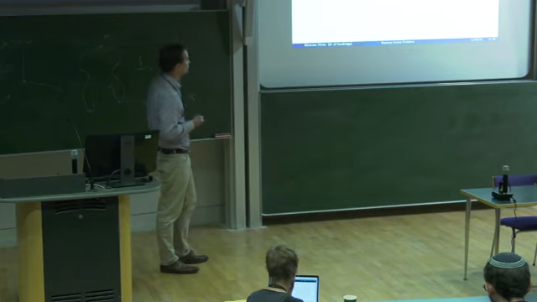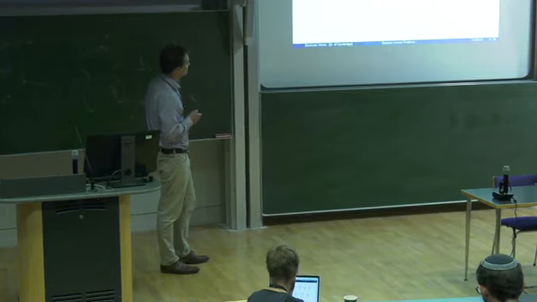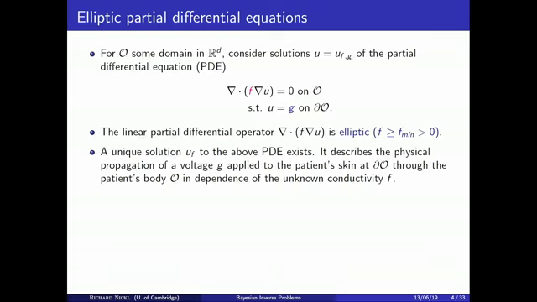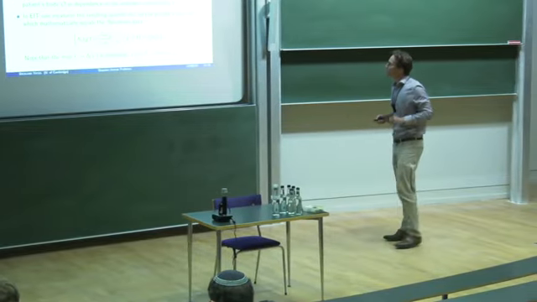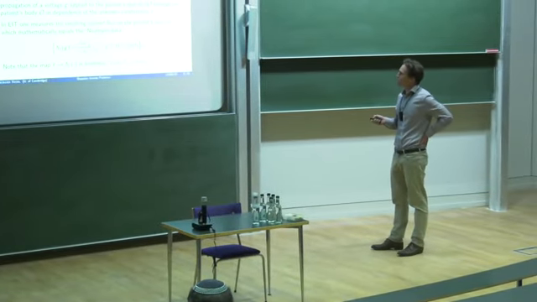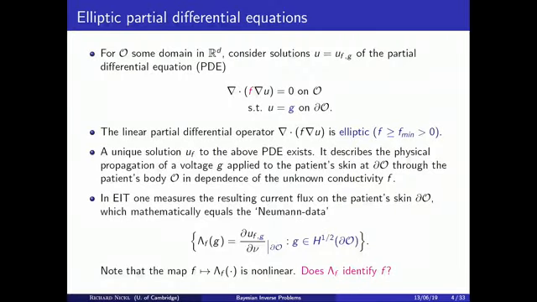But we do know they exist, and you can think of these boundary values G. They represent these voltages that you apply to the skin of the patient, and what you observe is this Dirichlet-to-Neumann map that was already introduced in the morning, which is basically the normal derivative of the solution of the PDE at the boundary. Yeah?